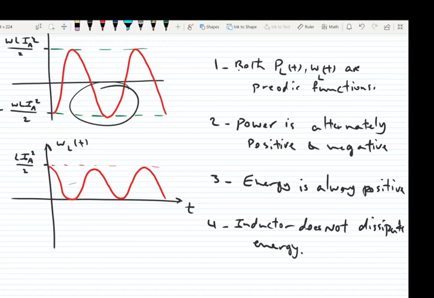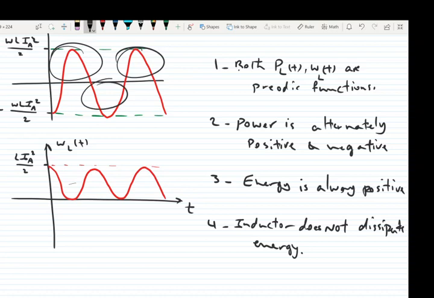So we can conclude that the inductor stores energy during the positive half cycles and returns the energy undiminished. Nothing changed, exactly the same energy during the next negative half cycles. So we can say that in a sinusoidal steady state, there is a lossless interchange of energy between the inductor and the rest of the circuit.